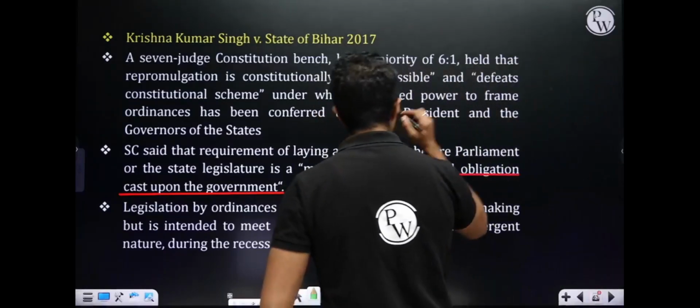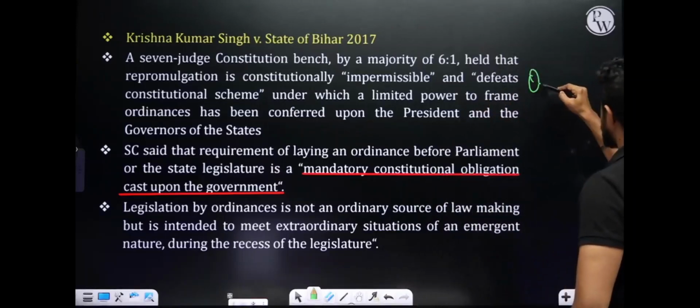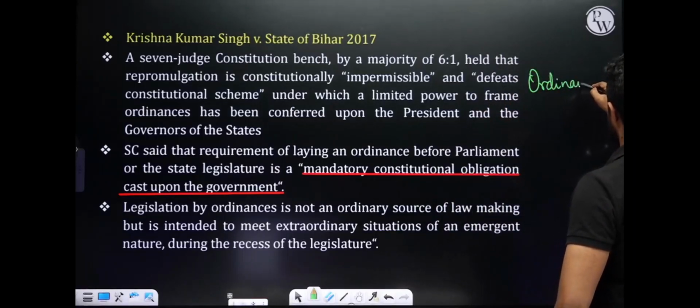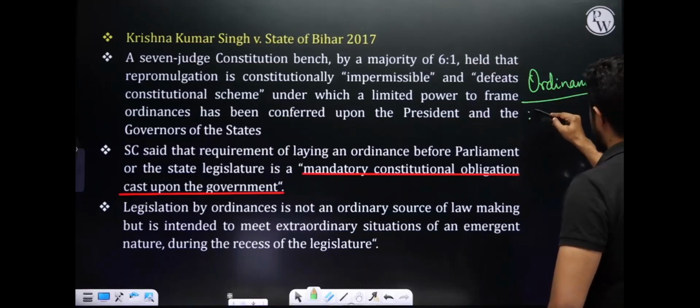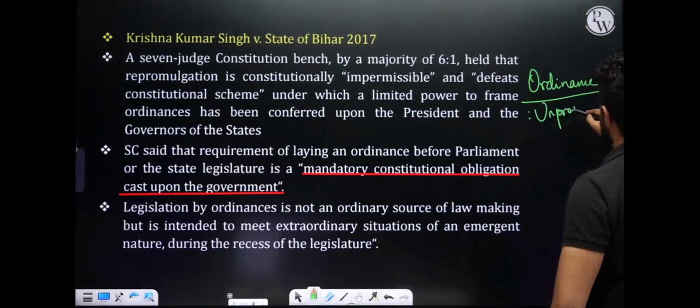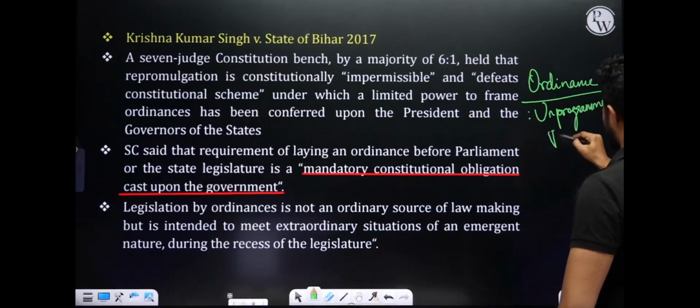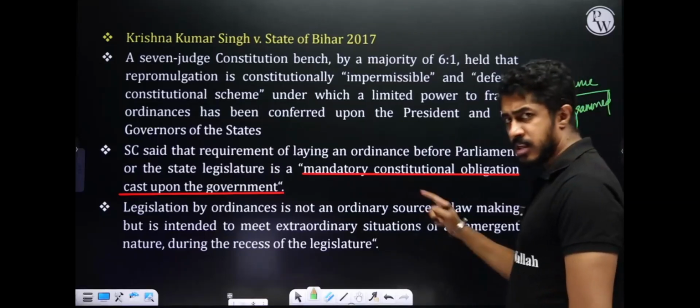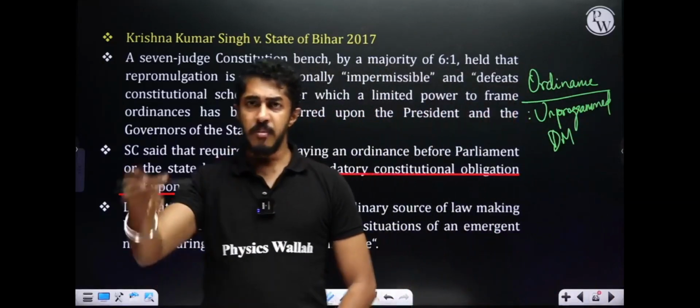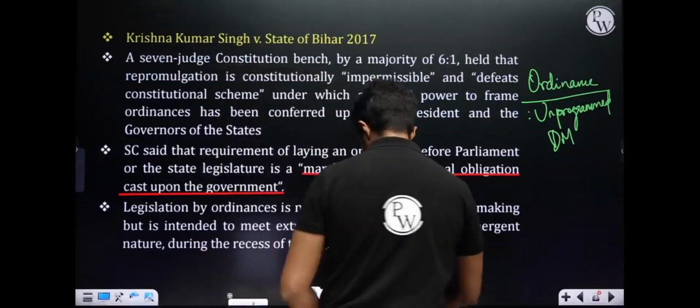That means the ordinance route is actually part of unprogrammed decision making. That is what the Constitution says. But what is really happening here?